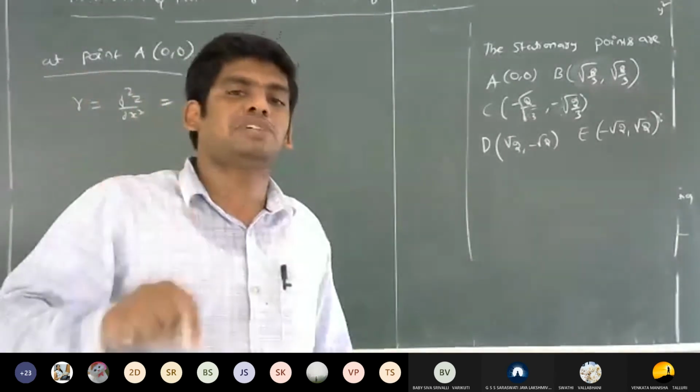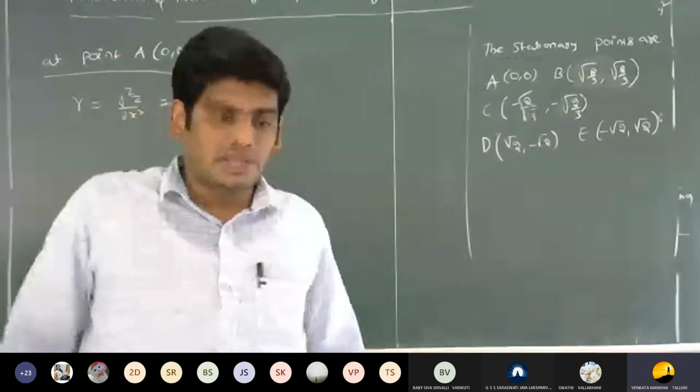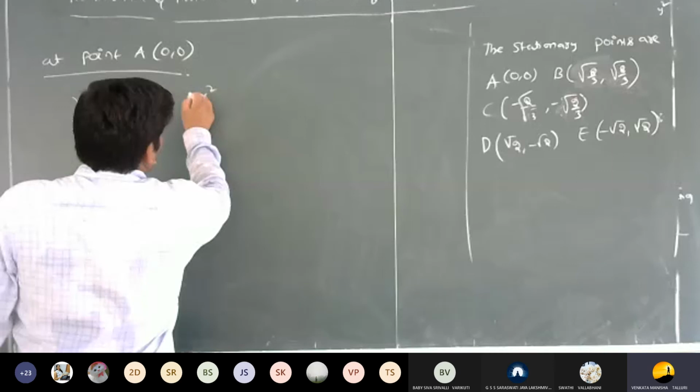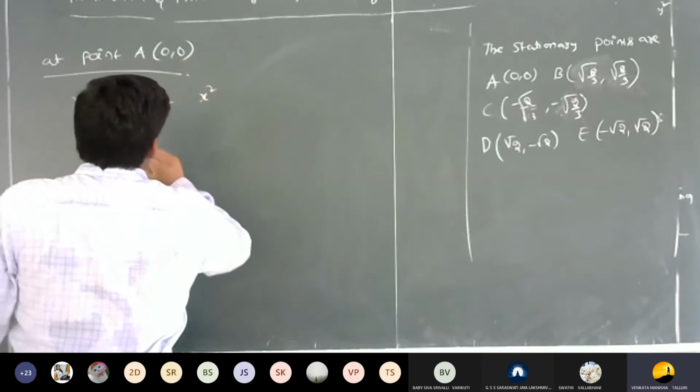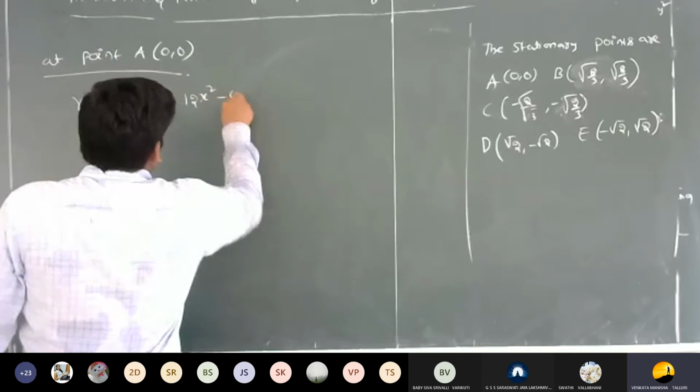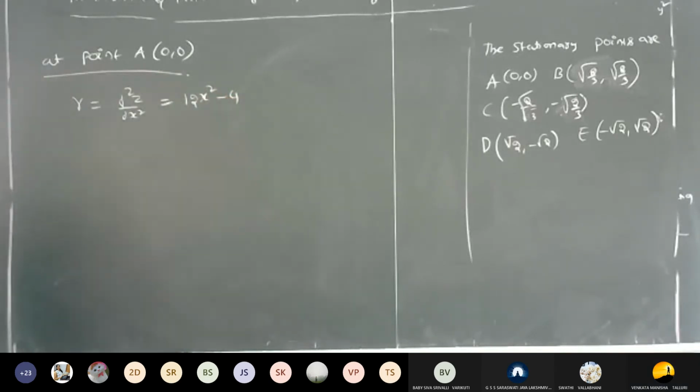Just differentiate partially with respect to x. So it is 12x square minus 4. Very good.